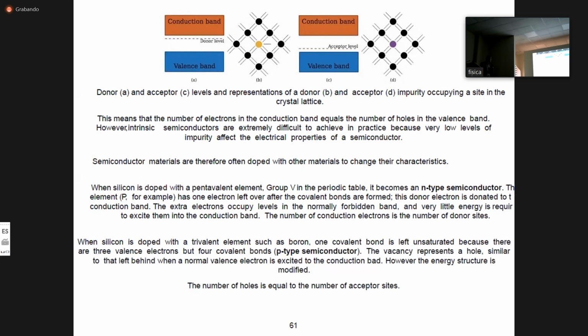Just to remind you, in order to get this PN junction, you have to bring together two materials.